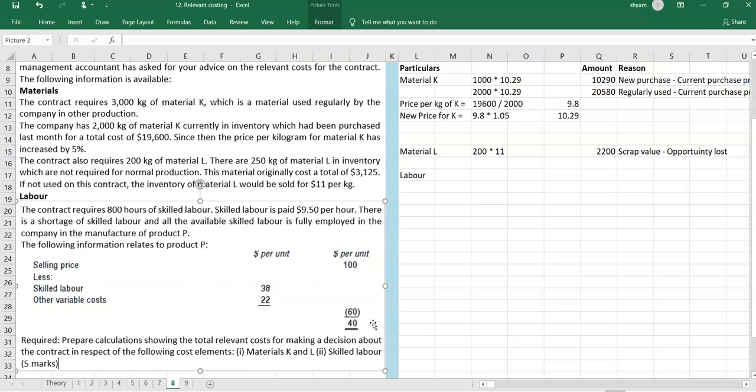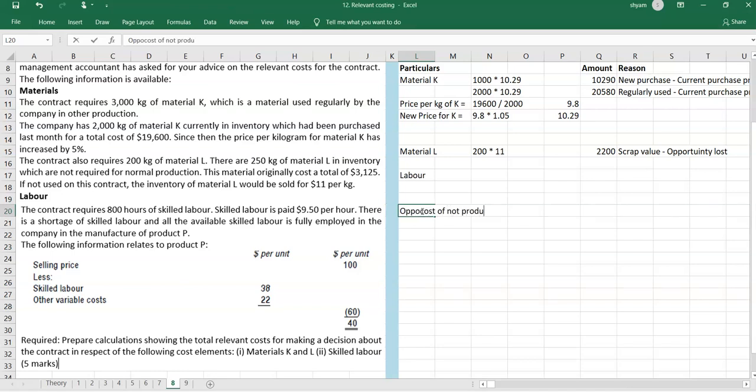If we are unable to use them to produce product P, we lose some money. So the opportunity cost of not producing P, per hour.